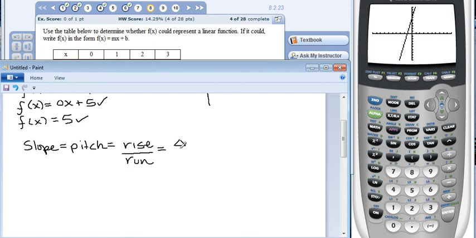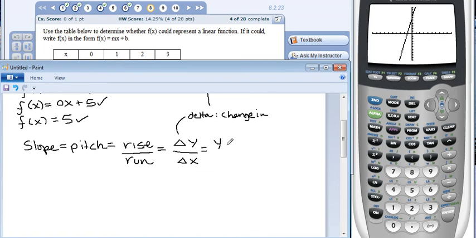It's not a triangle. It's a Greek letter called delta. What it means is change in. So we have delta y over delta x, the change in y, so up and down, divided by the change in x, left and right.